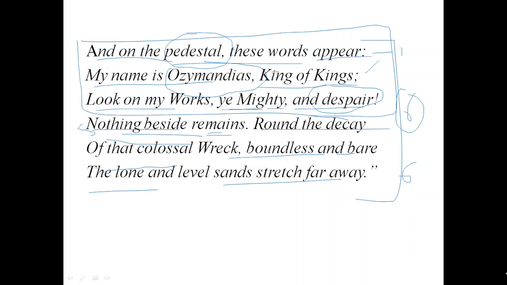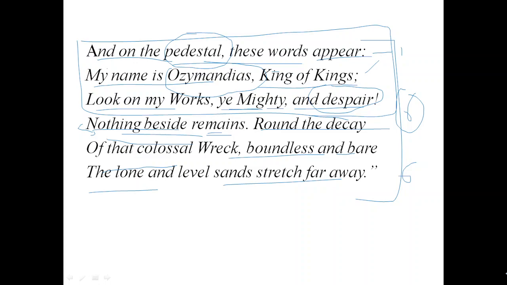So maybe the king may have been very powerful or very famous or very rich during his prime, during his life, and he might have built huge palaces with all luxuries.